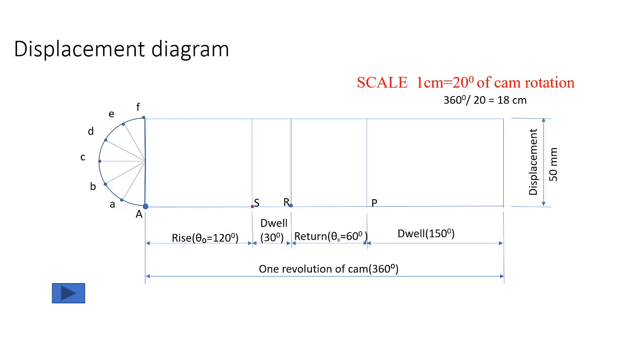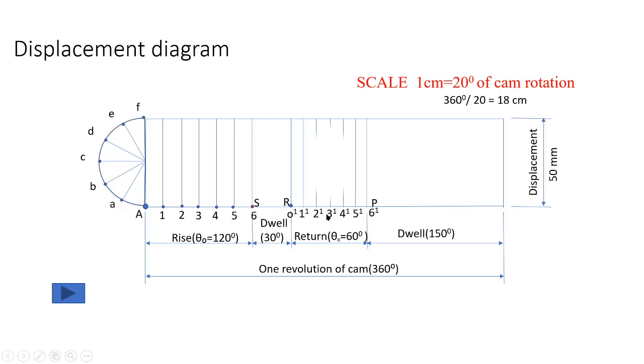So divide this outstroke into 6 equal parts and name the division points as 1, 2, 3, 4, 5, 6 and draw vertical lines from these division points. Now divide the return stroke into 6 equal parts and draw the vertical lines.